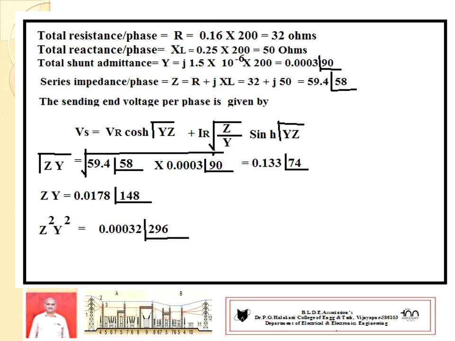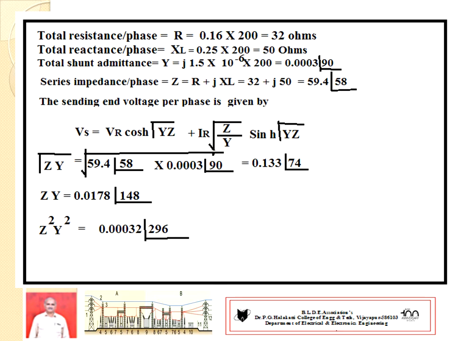It becomes 0.0003 with an angle 90. So after calculating the total values, you construct the series impedance. Series impedance capital Z equals R plus jXL. So you write 32 plus j50 and convert into polar form.